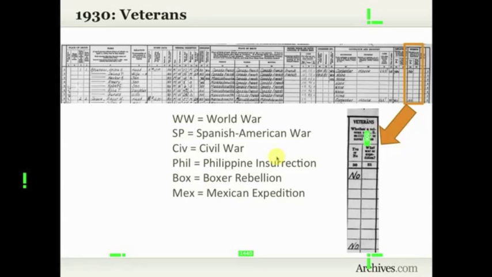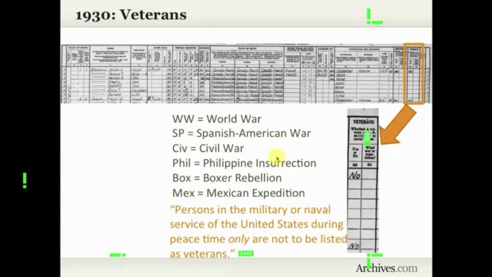But one important note about the 1930 census: the enumerators were told that persons in the military or naval service of the United States during peacetime only are not to be listed as veterans. So if your ancestor was perhaps in the regular army, but it wasn't during any of these military conflicts, they're not going to be listed as a veteran since they only served in peacetime.